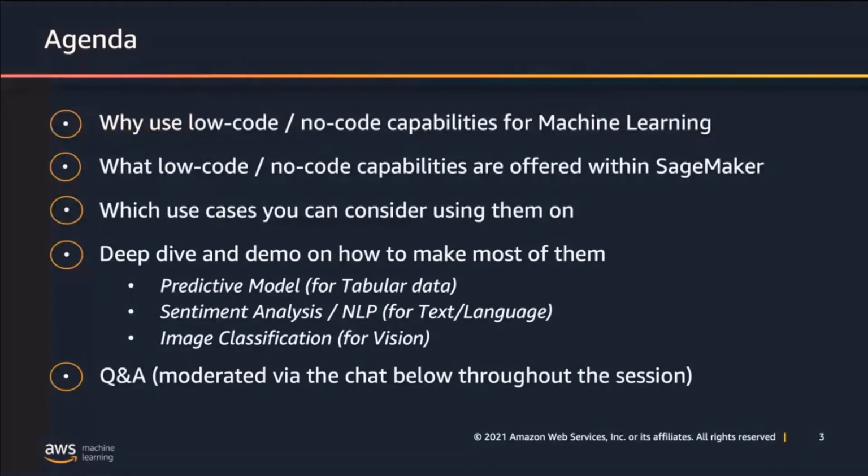And then we will do deep dives in each capability while solving for three different use cases. Yes, we will build models for three use cases in the next hour. We will build a predictive model for tabular data, one sentiment analysis model for text, and one image classification model for what else? Images.